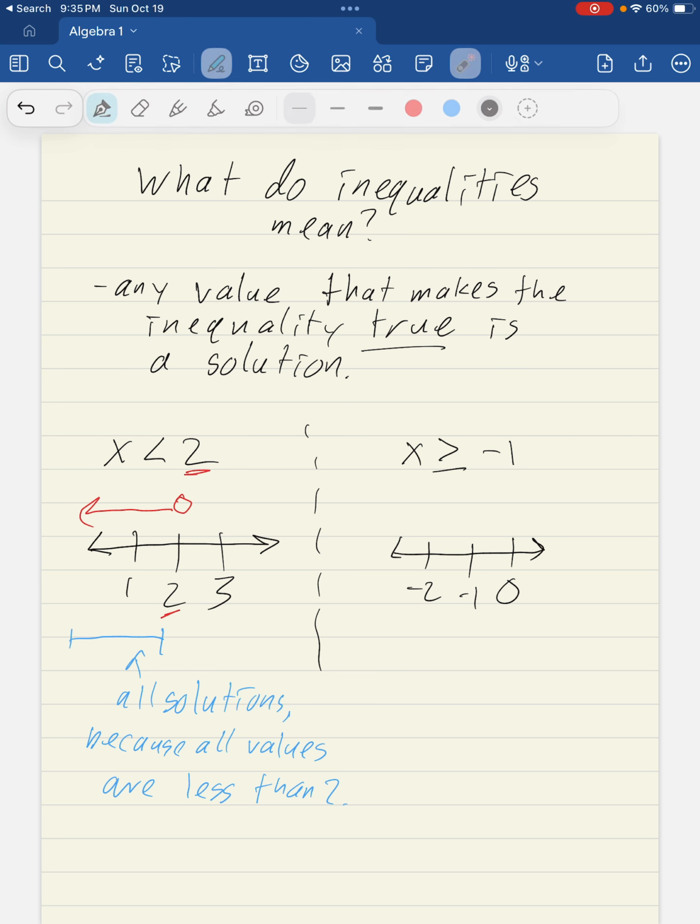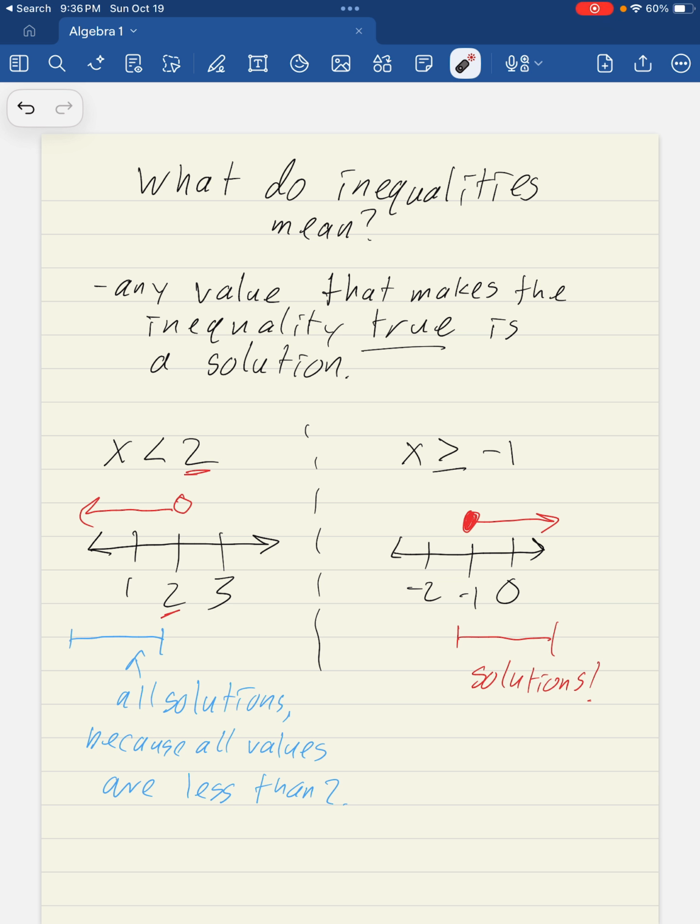There's my closed circle. X is greater than, goes to the right. Boom. And here too, these are all my solutions because they would make this inequality accurate. In this particular case, if I put 0 in, 0 is in fact greater than -1. And -1 is greater than or equal to -1, which is why we have a closed circle.